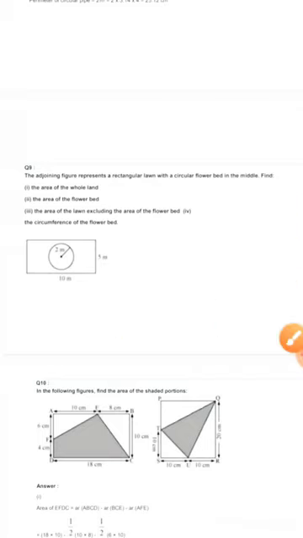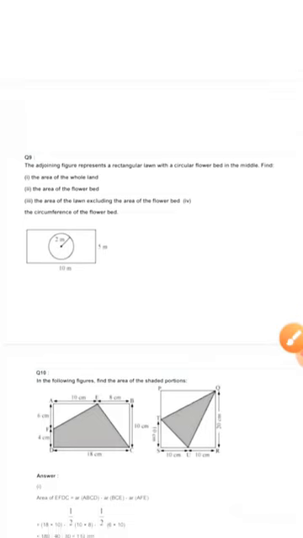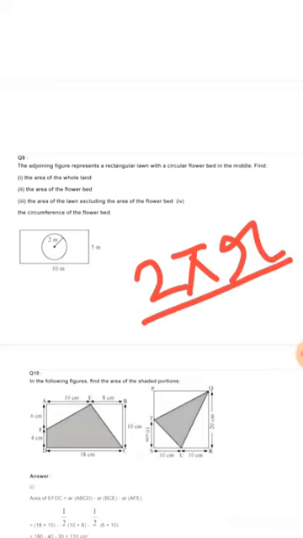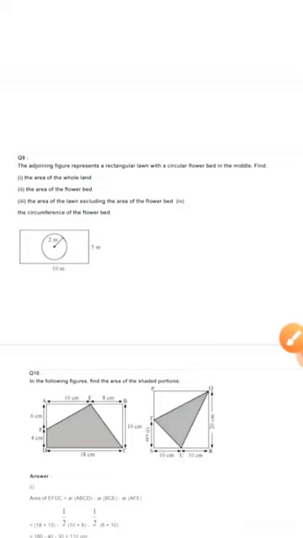Now the circumference of the flower bed will be what? 2 pi r. If you put the values in this formula, you will get the answer for this fourth part.